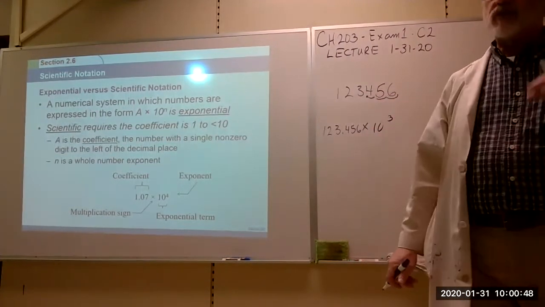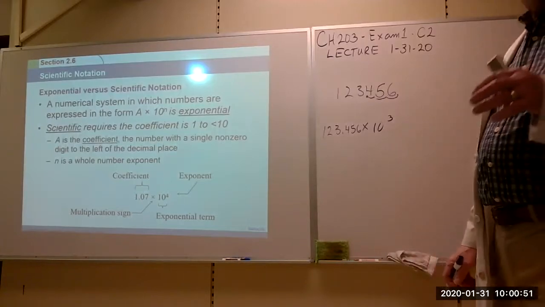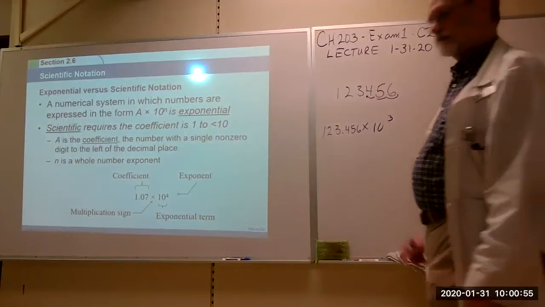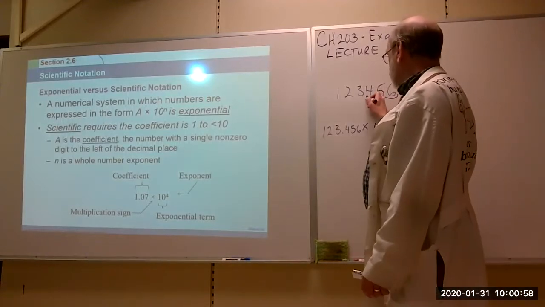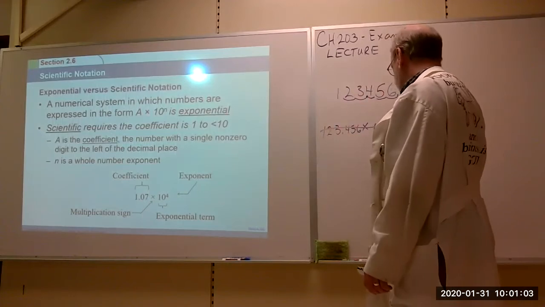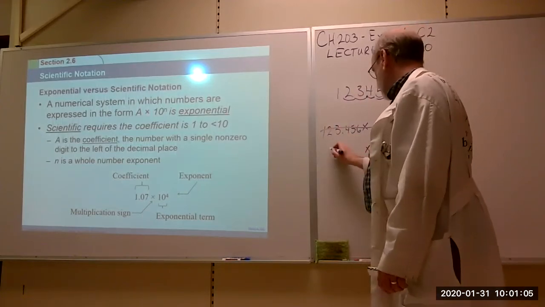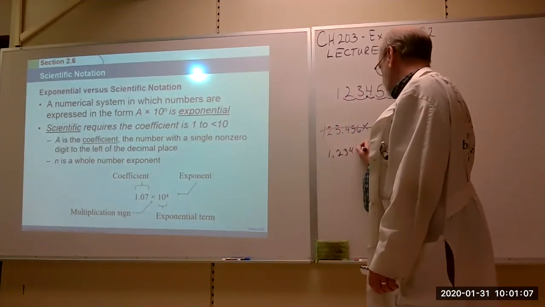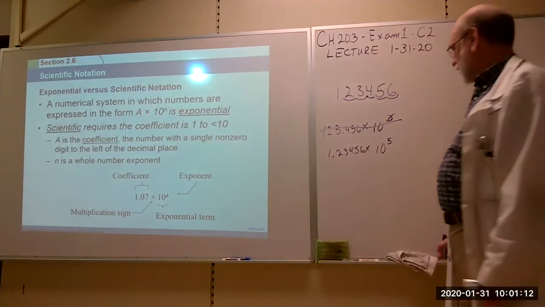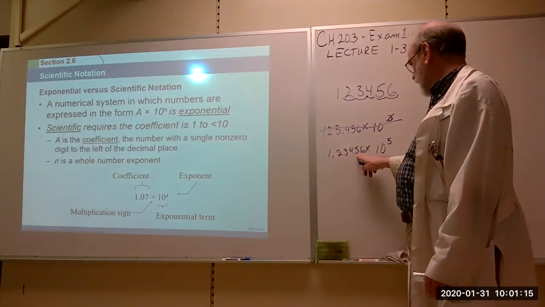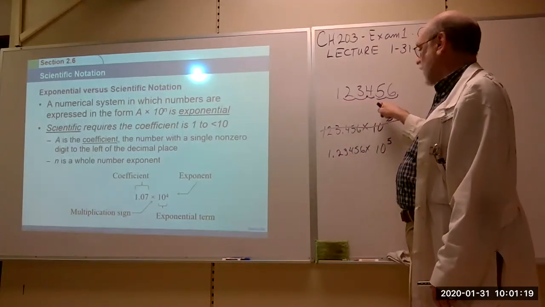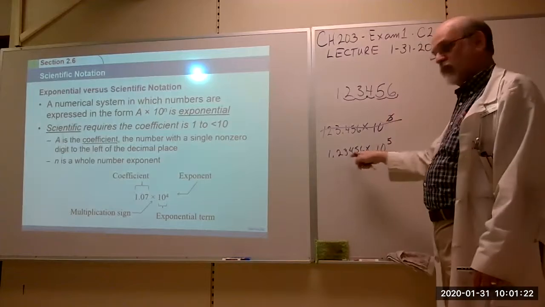Scientific notation is a special case of exponential. Scientific notation says the coefficient has to be between 1 and 10. So in that case, we'd have to move it 2 more. This would be 5, and this would be 1.23456. Okay? And this would have 6 significant figures, just like this one. 1, 2, 3, 4, 5, 6 significant figures in that number.